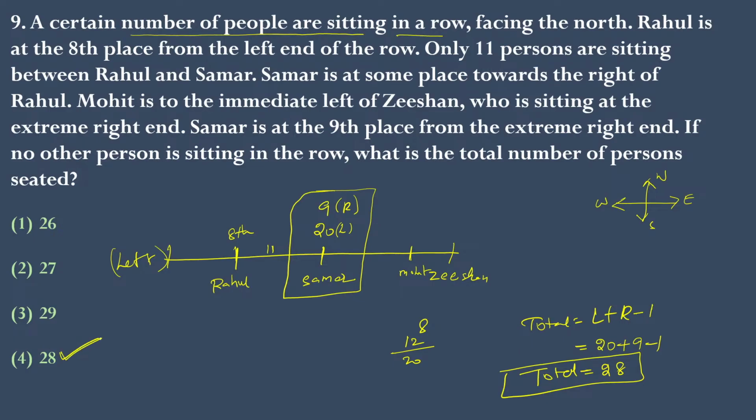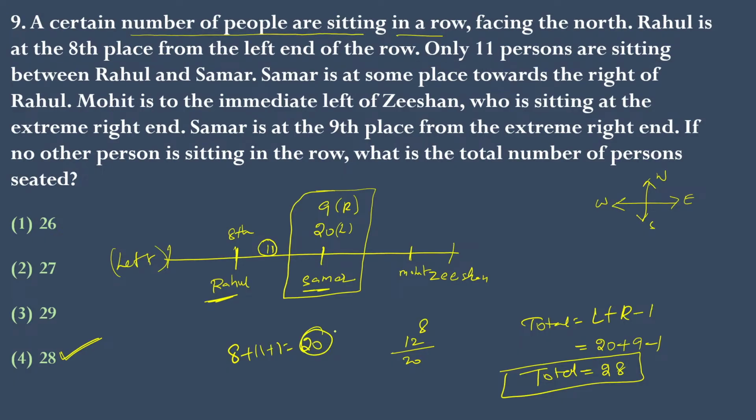Option 4 is correct. We can also find Rahul's position from the right hand: 9 plus 12 is 21. The number of persons between Rahul and Samar is 11, so Samar's place from the left end is 8 plus 11 plus 1, we get 20.